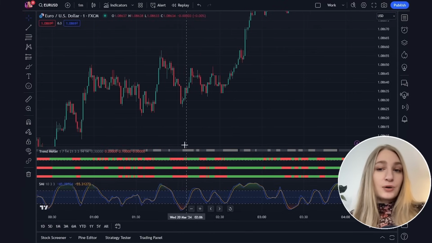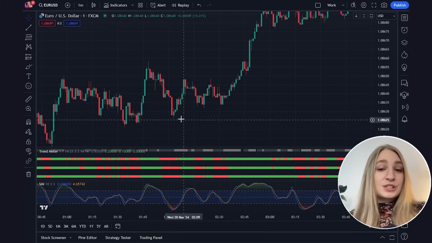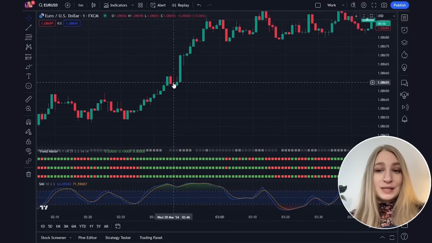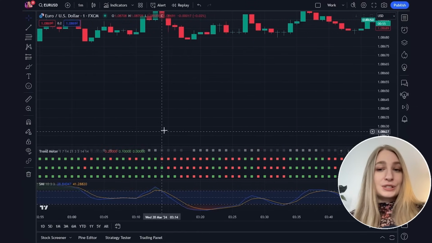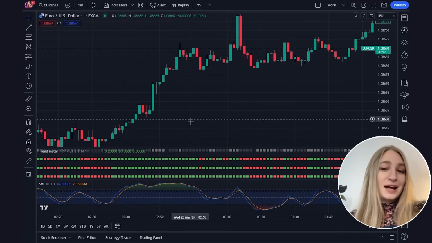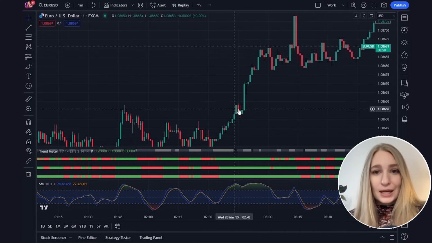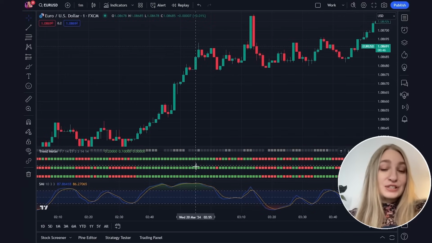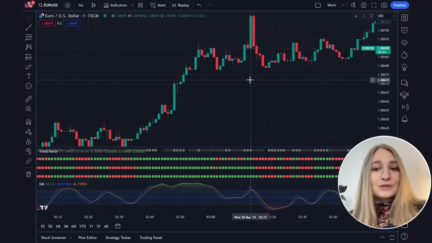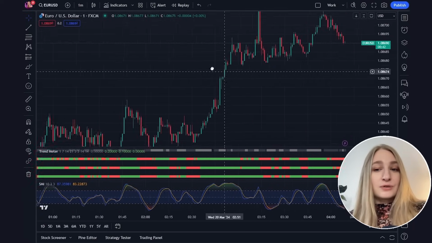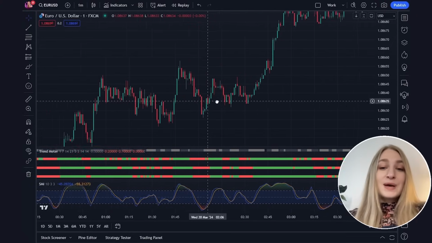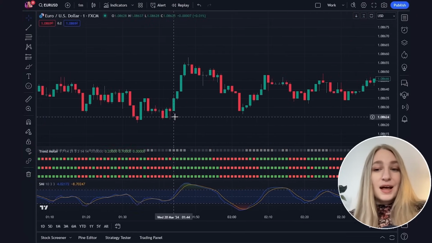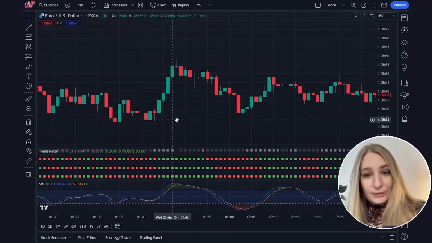Generally, with the SMI indicator we just have the SMI line, but our Trend Meter indicator changes its structure. It consists of dots like this and 4 lines. But the most basic lines are the colored lines, green and red.